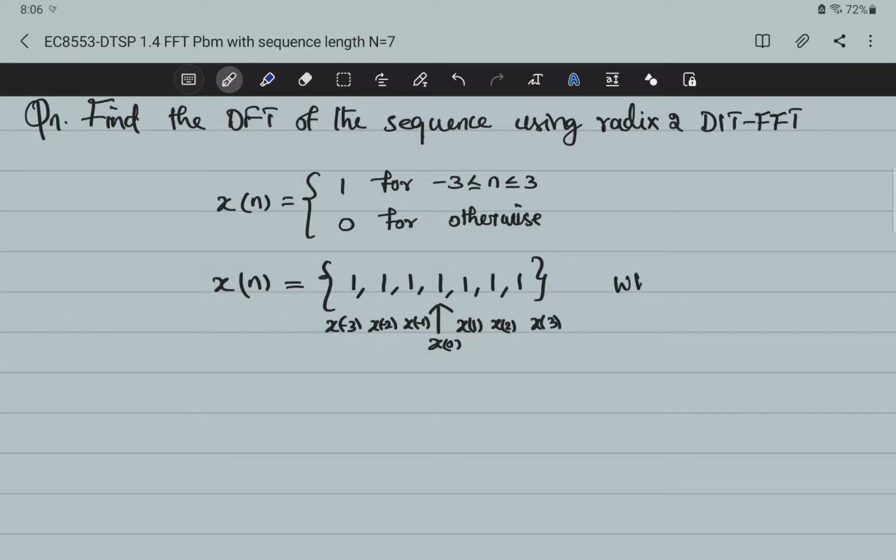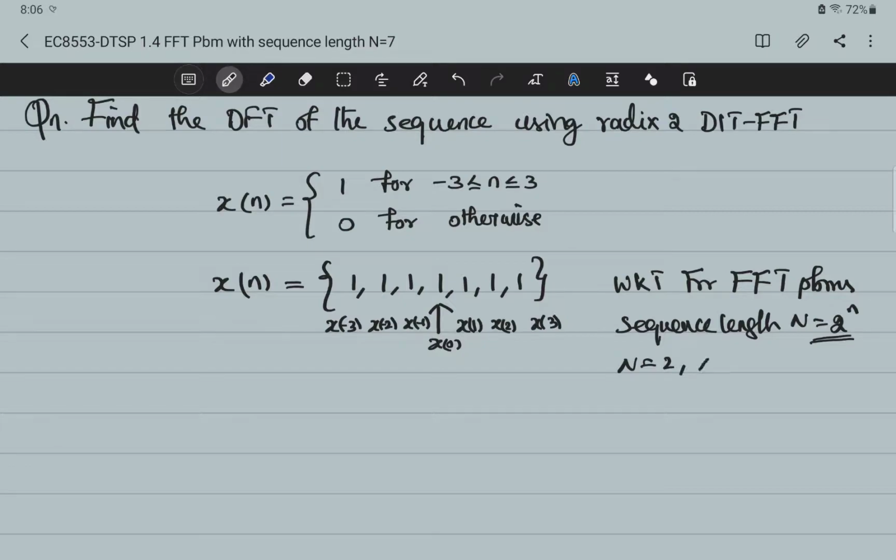But we know that for solving FFT problems, the sequence length N should be in terms of 2 power n, which means N equal to 2, N equal to 4, N equal to 8, etc. So if the sequence is given with a different length, now the length N is 7 here, but that also is not from the origin.